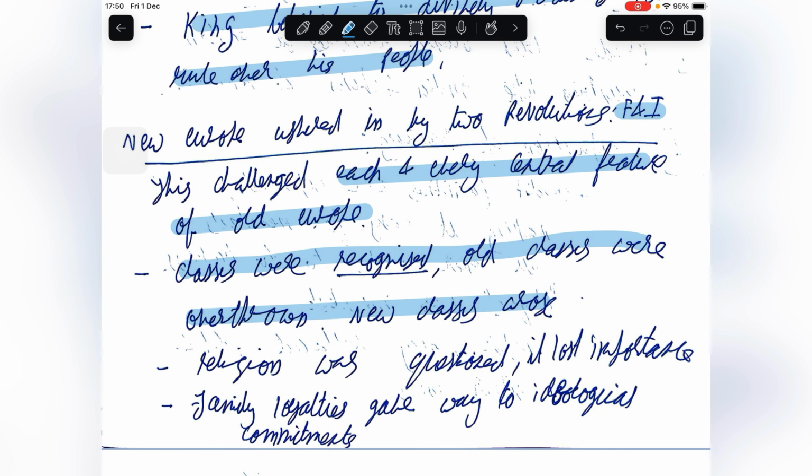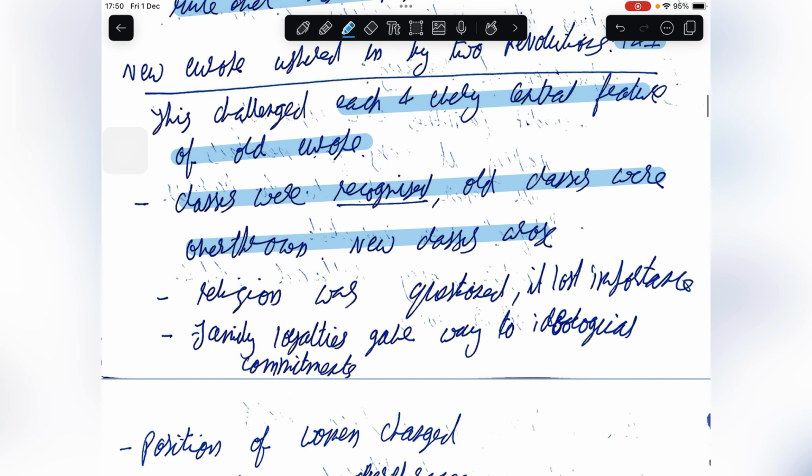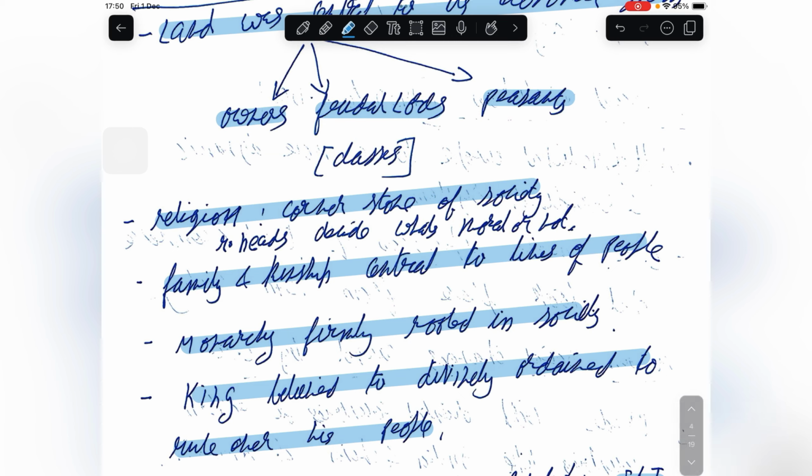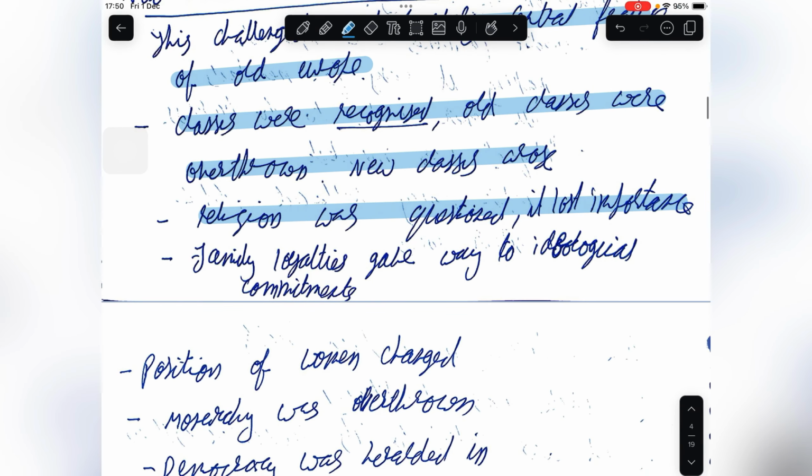Previously classes were there, but they were not as clearly cut. Religion was questioned, it lost its importance. If you go to tradition, you can see that religion was a cornerstone of society. Now it lost its importance.